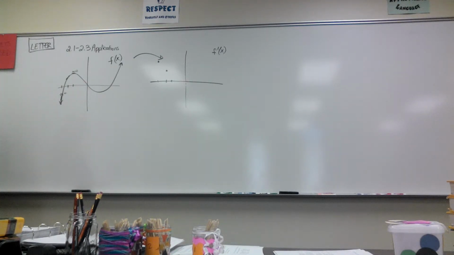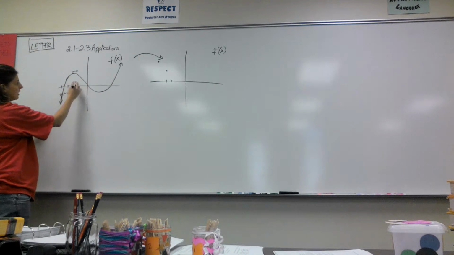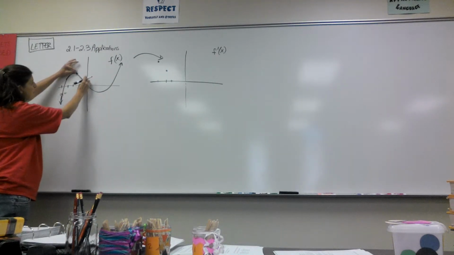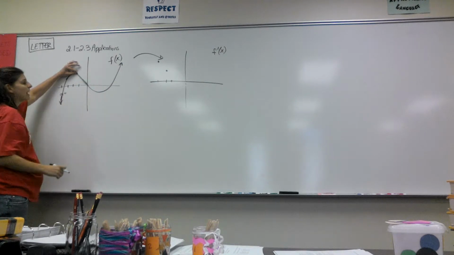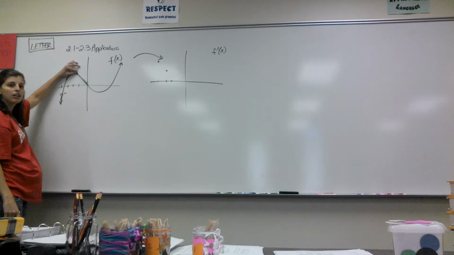Then what happens? Let's go past this x value. On my graph, my tangent line looks like that. What does that tell me about my derivative? It's going to be below the x-axis because your slope is negative.